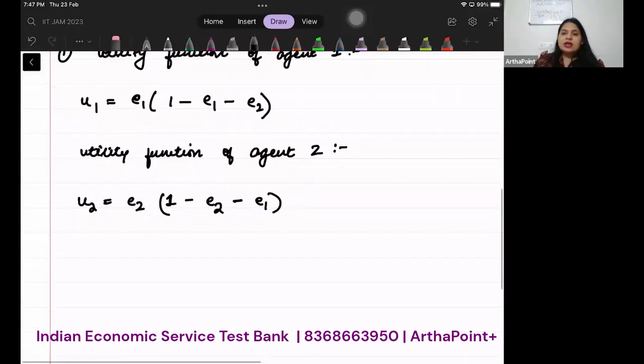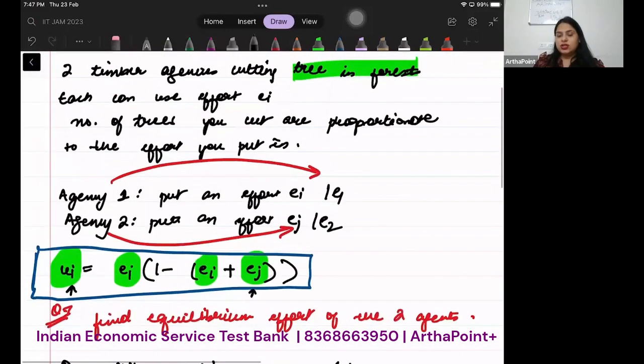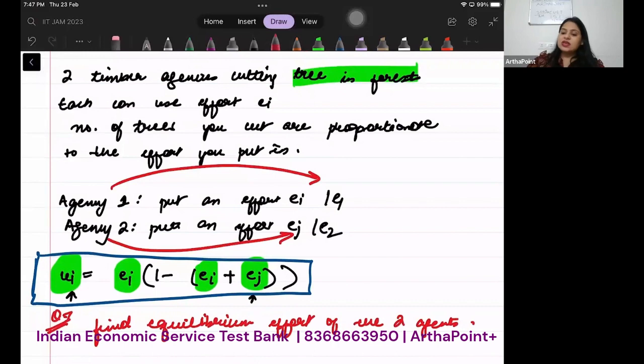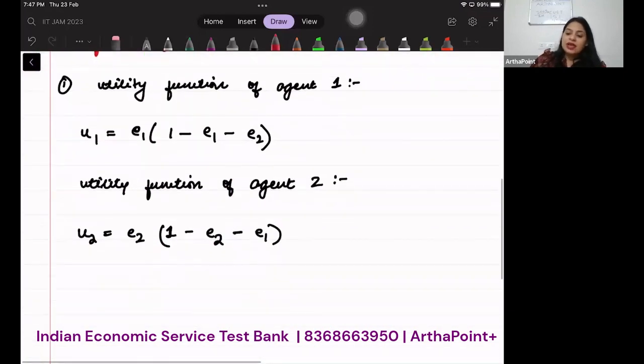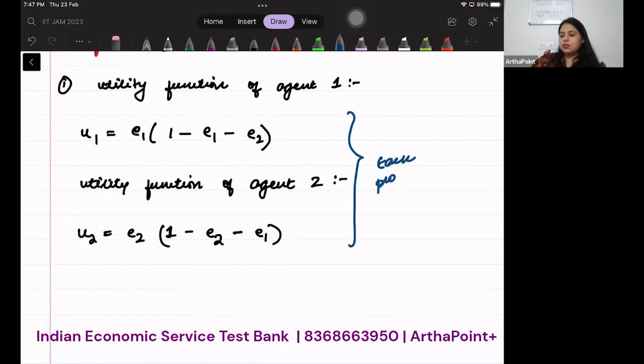Now, if nothing is mentioned in the model, you will always assume that this model is a simultaneous game. And in a simultaneous model, each player will maximize its utility subject to its own parameter.